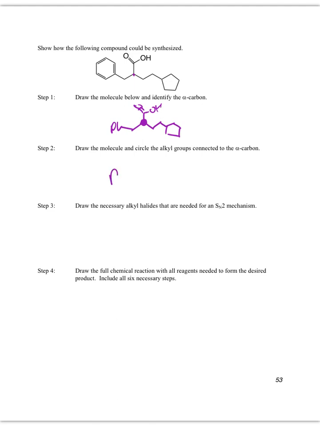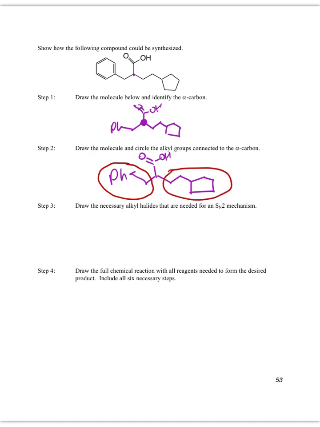We'll draw the molecule again and circle the groups that have to be added on to, and we'll do this in red. So this group and this group have to be added on to the alpha carbon.